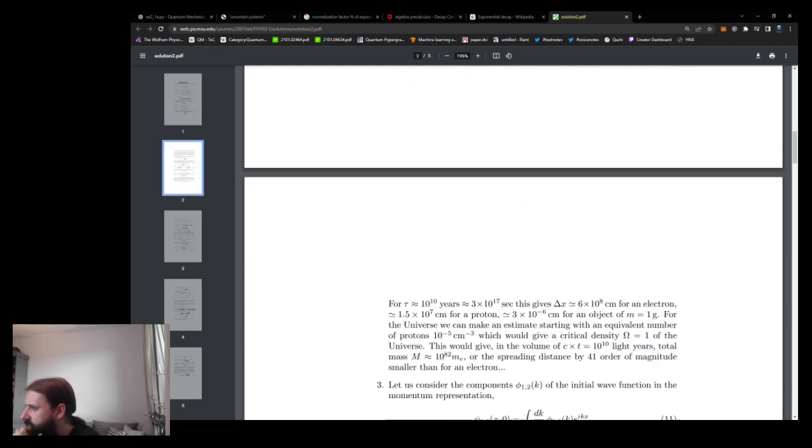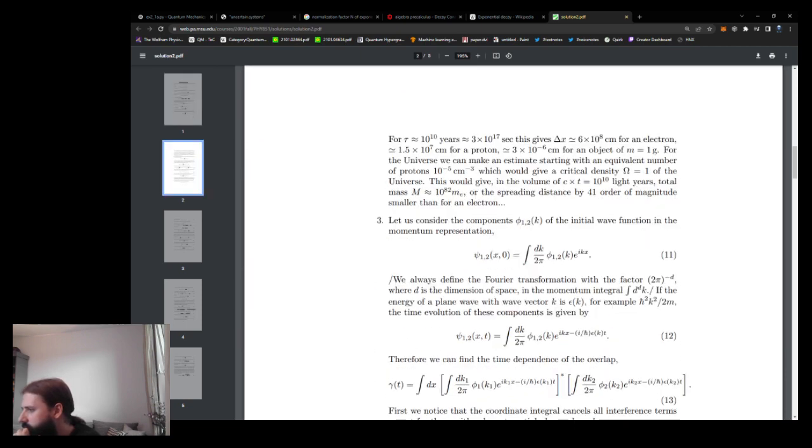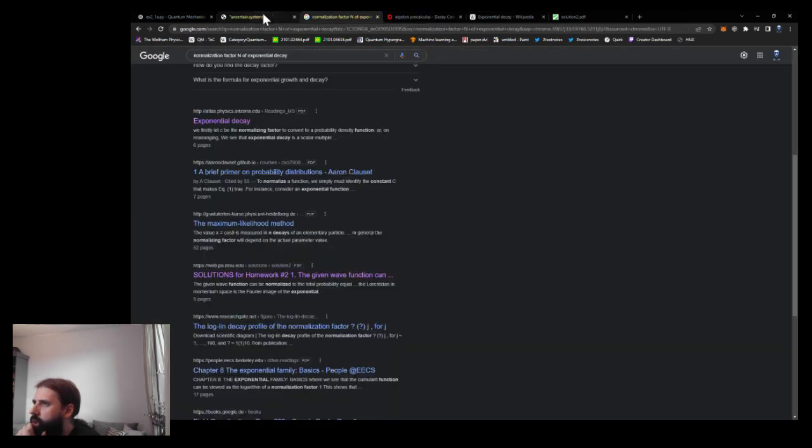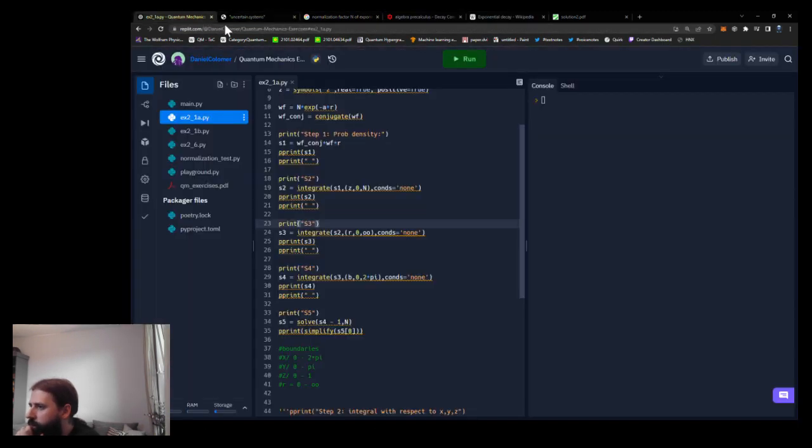Here there's a pi in the solution, so I'm sure this has got to do with the polar.